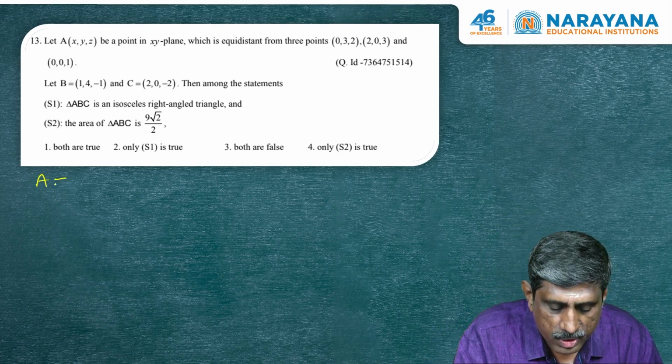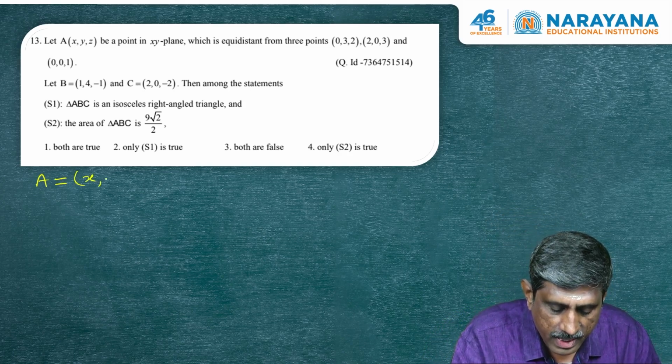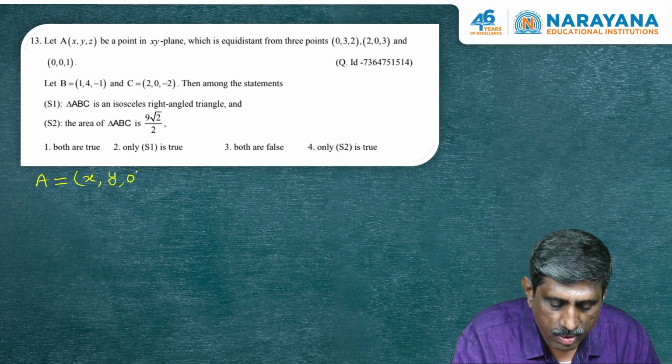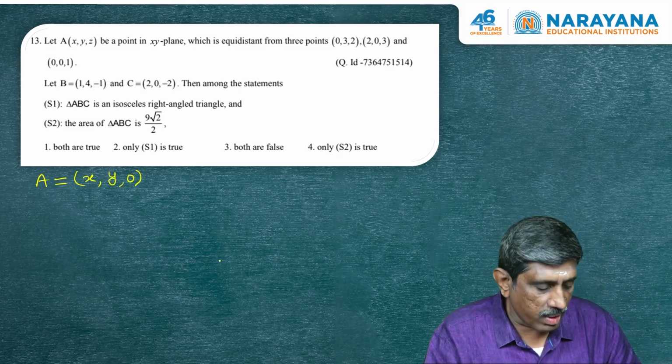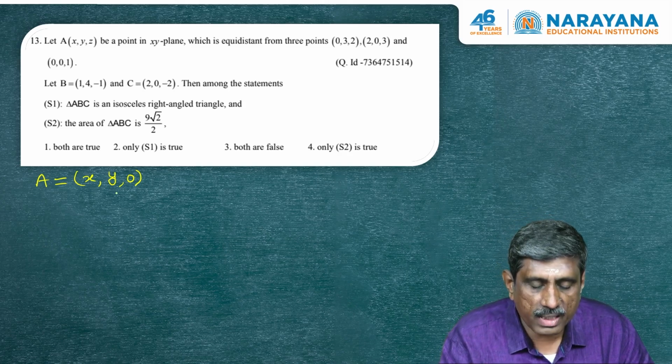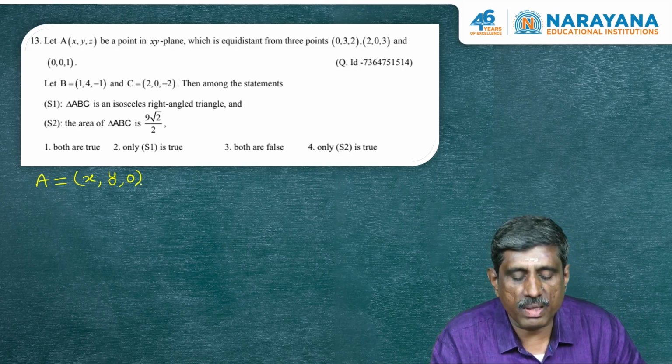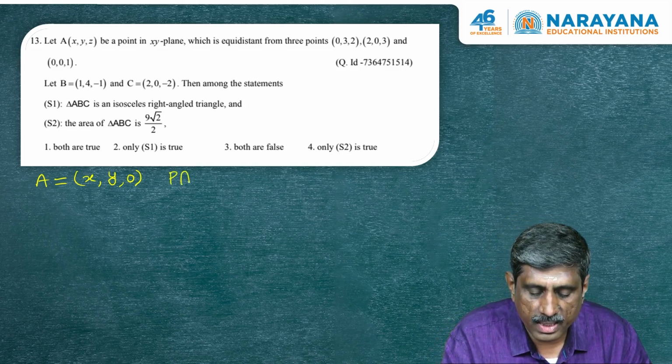So, let us assume the point A as (x, y, 0), because it is a point on the xy plane. This point A is equidistant from the 3 given points PQR. So, let us take PA is equal to PB is equal to PC.